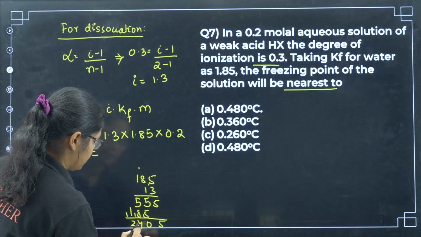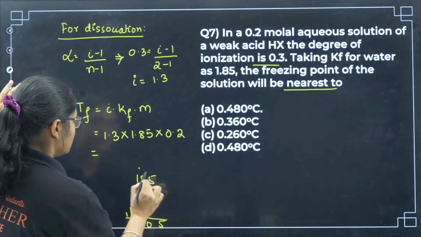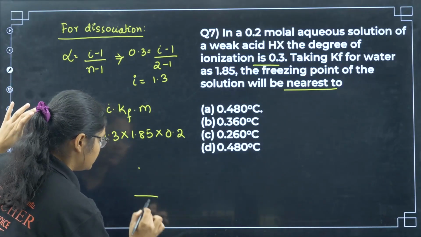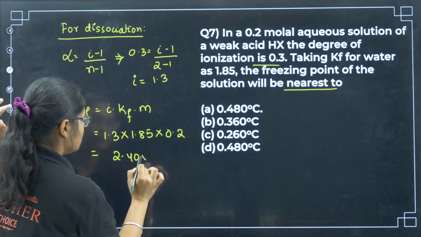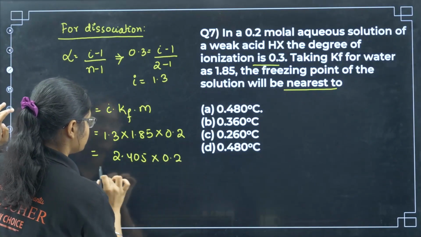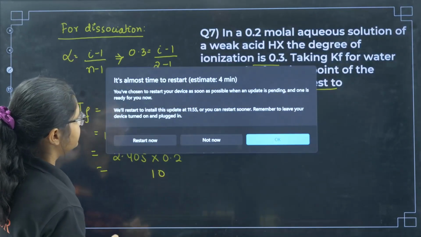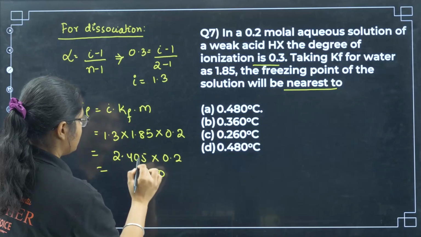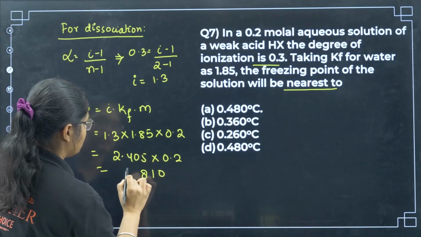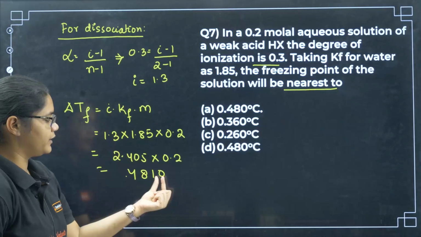I have 3 decimal places, so 2.405. These calculations you can do in the exam. 2.405 into 0.2: 2 5s are 10, 2 zeros are 0, 2 4s are 8, 2 2s are 4, right? Again I have 4 decimal places, so 0.4810.